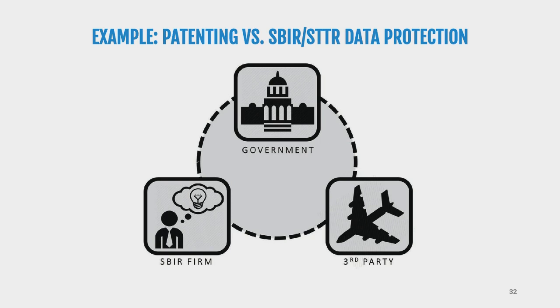So a lot of NDAs I see don't account for this. There are ways around this, but I just want to make sure people understood that NDAs are not ironclad. There are holes, and you want to be careful depending on your technology and what you're handing over, and that NDAs don't always protect you as you think.